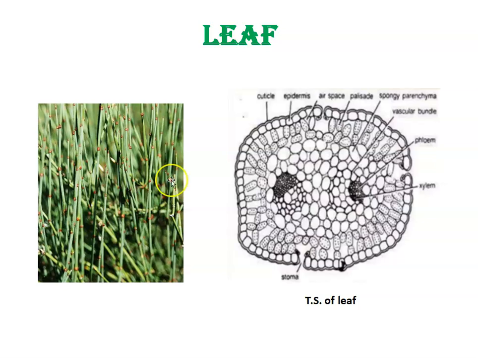So, in a transverse section, just look at this diagram. In transverse section, leaves exhibit an oval outline, and epidermis bears thick cuticle, and few deeply situated sunken stomata are present that interrupt the epidermis.